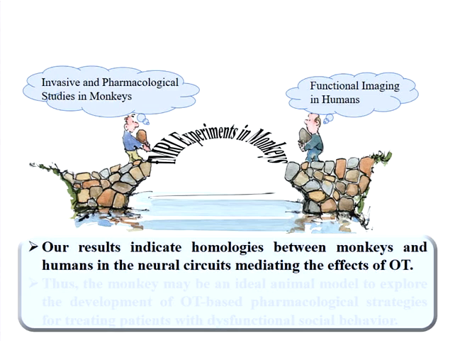So from these studies, we found very similar results between our monkey and the human studies. So our results indicated homology between monkeys and humans in the neural circuits that mediate the effects of oxytocin.